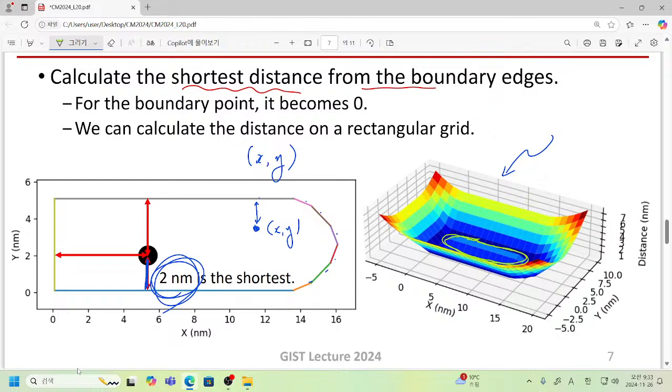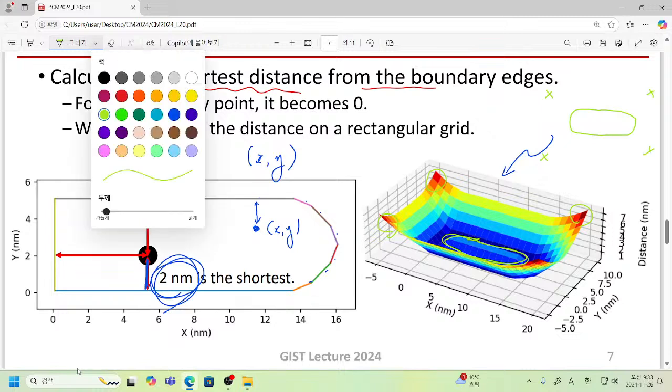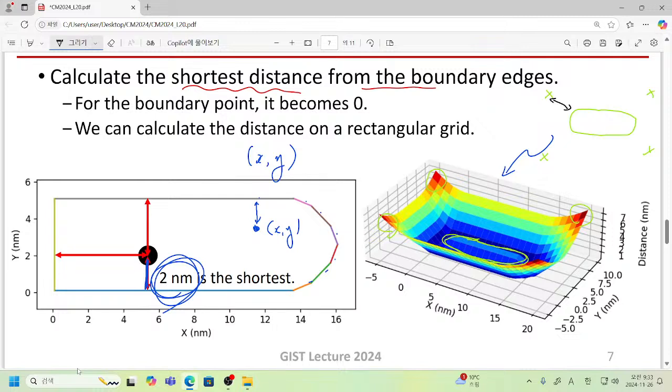And here we have quite high values. This is because here we have our nanosheet, and we are now talking about these points, and the distance between these points is quite large, so we can see a steep increase of the distance. Yes, we can easily calculate this one. So what you have to do is calculate the distance.